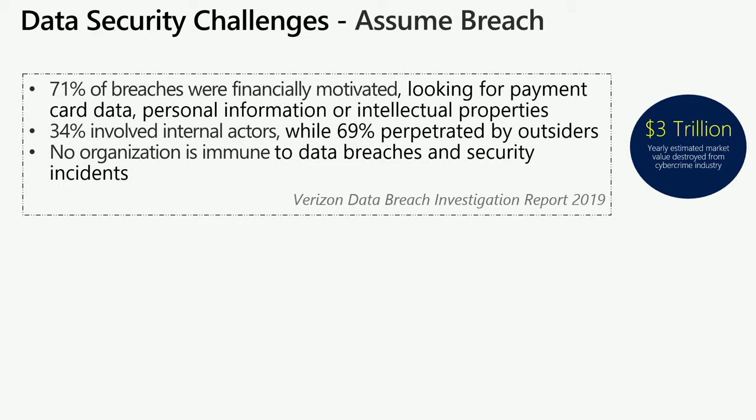Of those data breaches, roughly a third were internal bad actors, so people within the company. So again, this assume breach concept, it's not going to necessarily stop an internal bad actor, right? Roughly 70% were perpetrated by outsiders. The bottom line is no organization is immune to data breaches or security incidents.